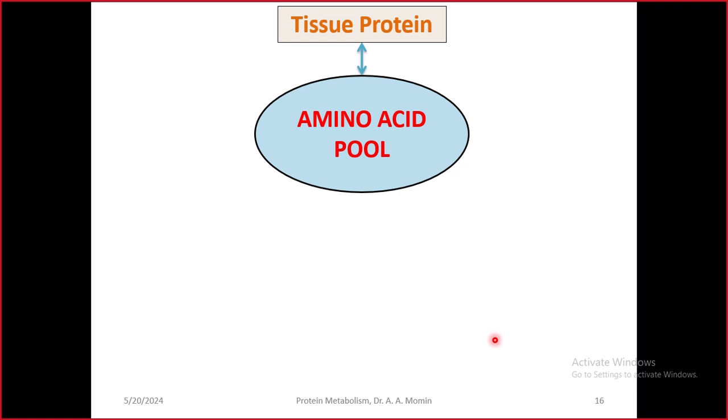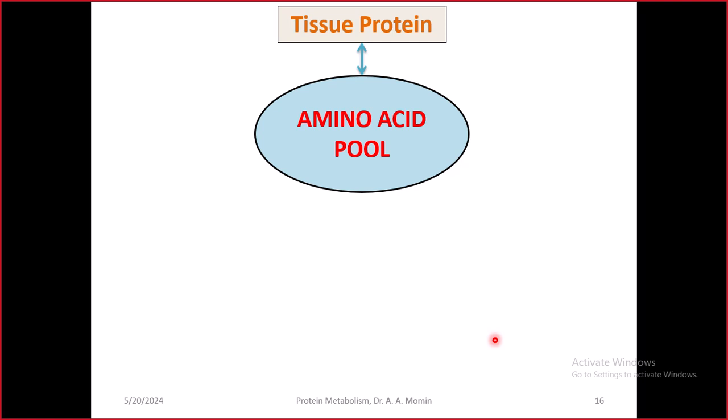So any free amino acid present in the body, wherever it is present, it constitutes the amino acid pool, free amino acids. There is no such compartment where the amino acids are collected and stored. It is everywhere.